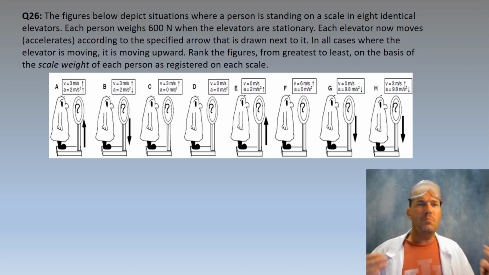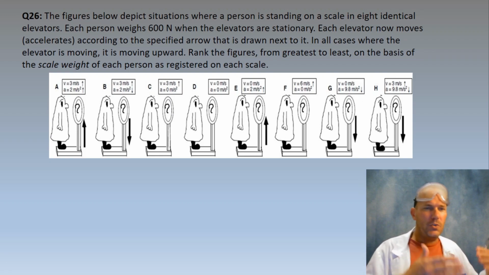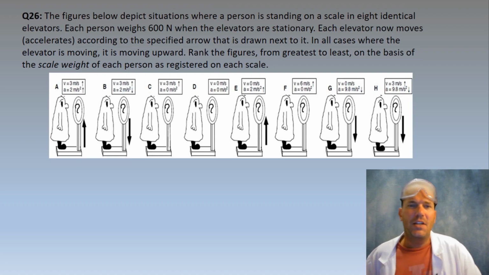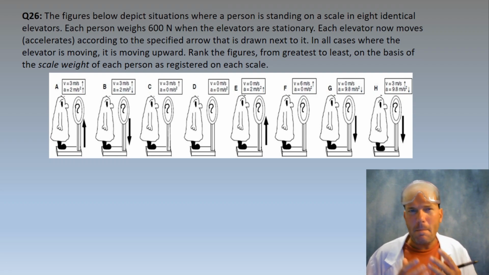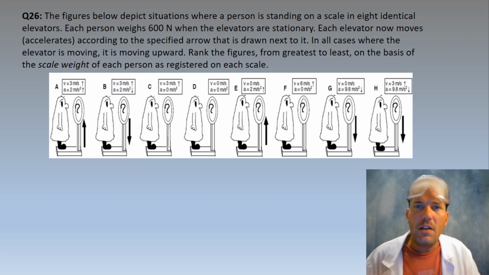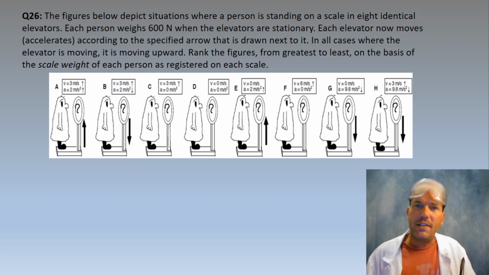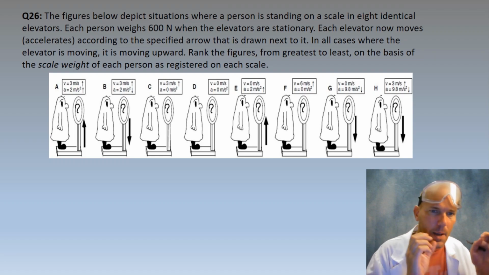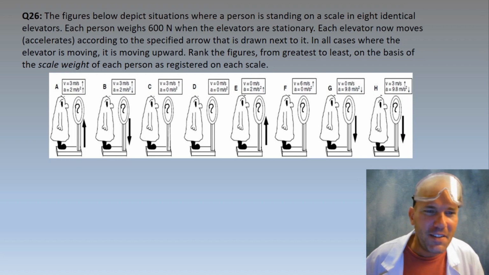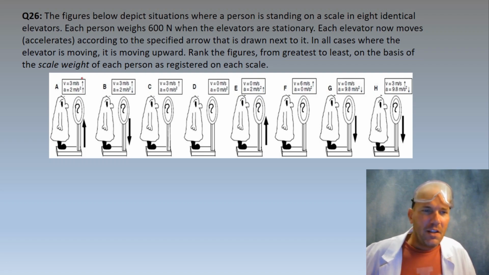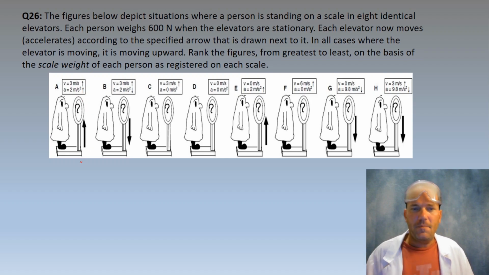Now the elevators move or accelerate according to A through H. Rank the figures from greatest to least on the basis of the scale weight. The scale weight is force normal. That is the apparent weight. So if you look through each of these scenarios, you're told the current velocity and you're told the acceleration.